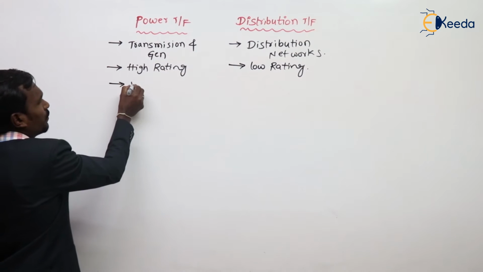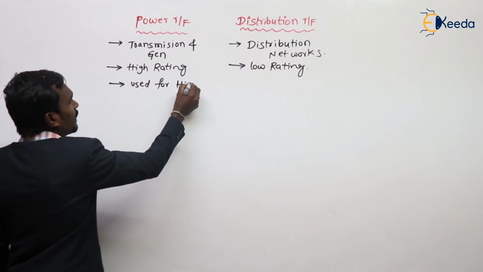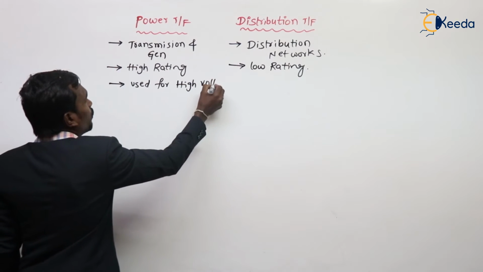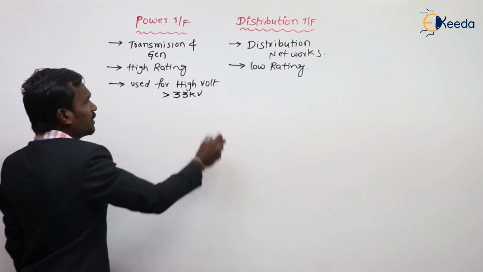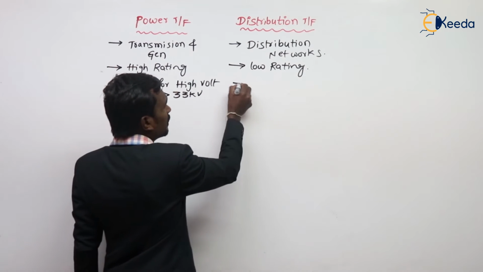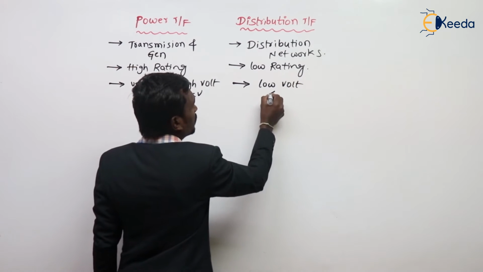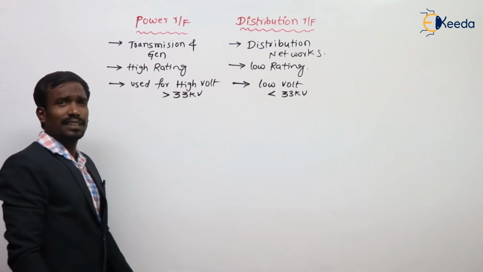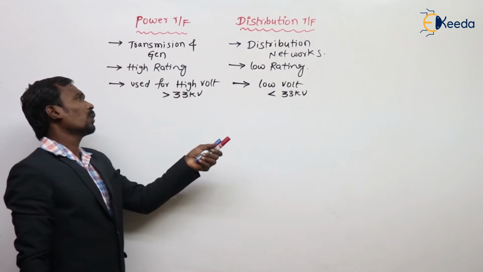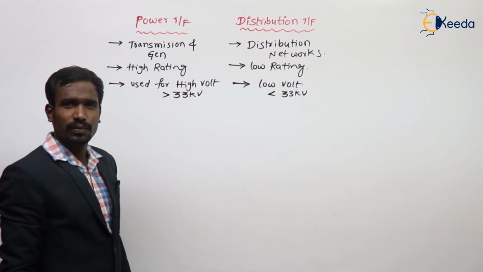Power transformers are used for high voltage applications greater than 33 kV, but distribution transformers are used for low voltage applications less than 33 kV. High rating, low rating, high voltage, low voltage applications.